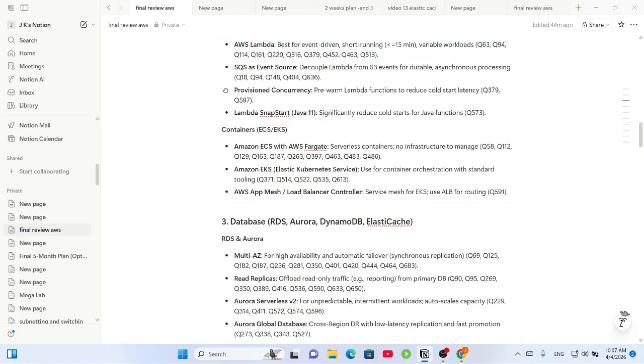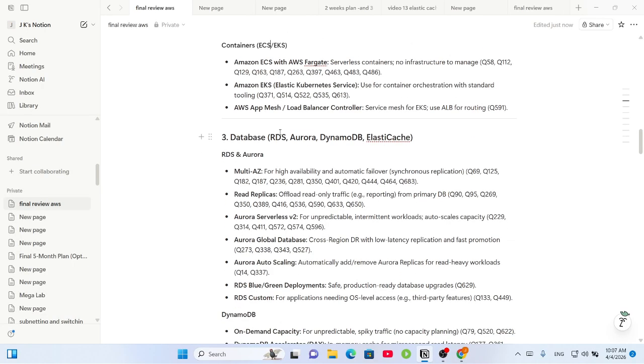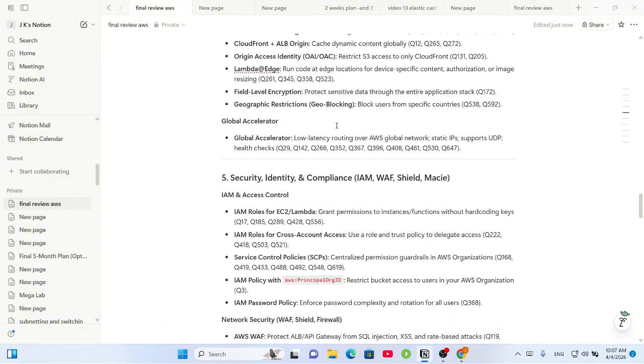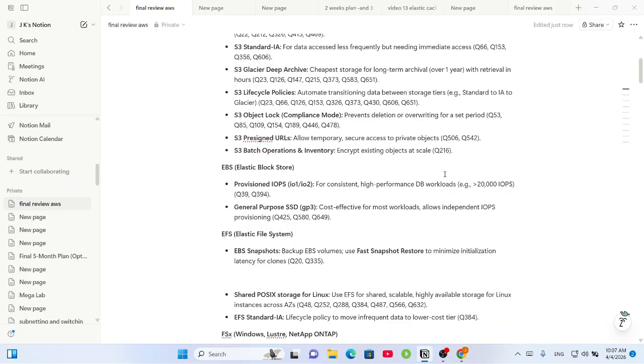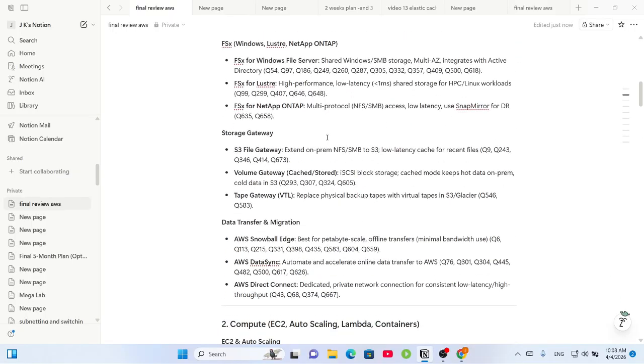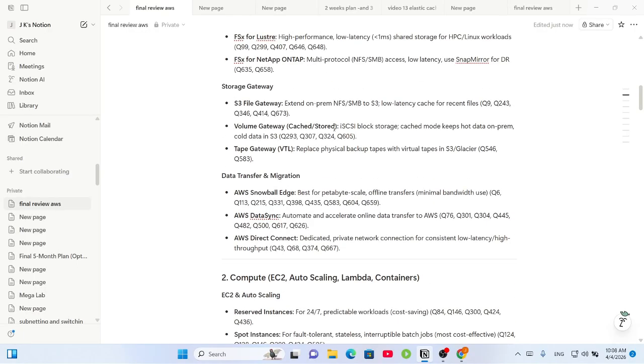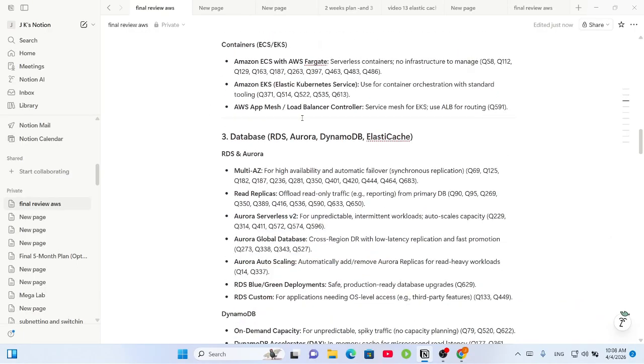Containers, we've talked about containers as well. We have different types of containers. We have ECS and we have EKS. Let's see how much is remaining. Yeah, we have containers.